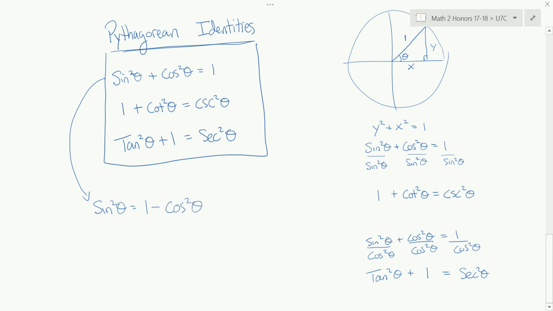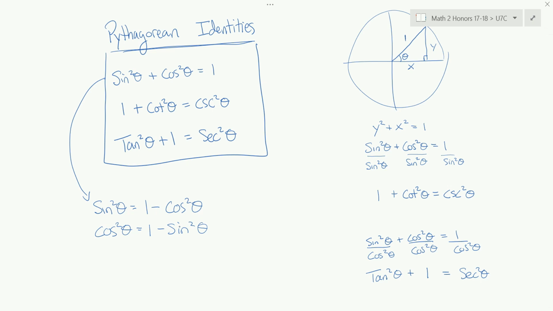It's the same thing as sine squared plus cosine squared equals 1, but it's solved for sine. Or I could solve it for cosine. If I write cosine squared theta, what would that be? 1 minus the sine squared theta. So that's what I mean by other variations. They all mean the same thing, but they look a little differently.